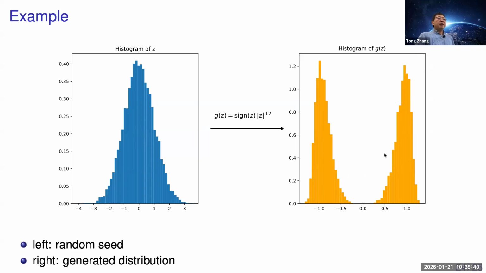And then can you sample from this one by passing through a G? This is one example of this function. This function splits this Gaussian into 2 parts. But you can do whatever you want. Essentially, you can do more complex things, make it other shapes you want.